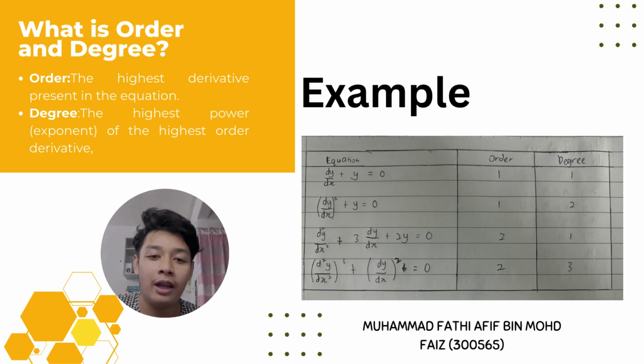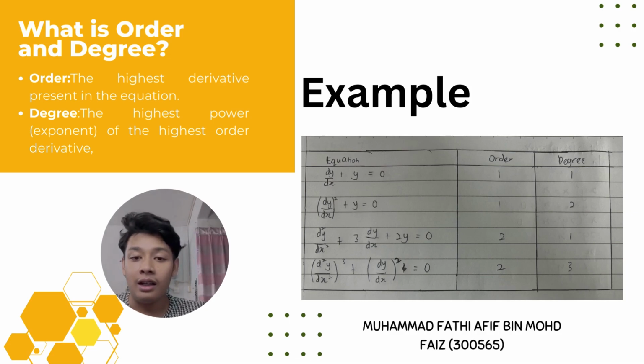So now look at equation 1. The equation is dy/dx plus y equals 0. The highest derivative present in the equation is 1. So the order is 1, and then the highest power exponent of the derivative order is 1. So the degree is 1.